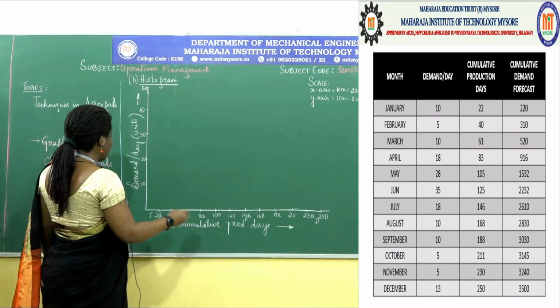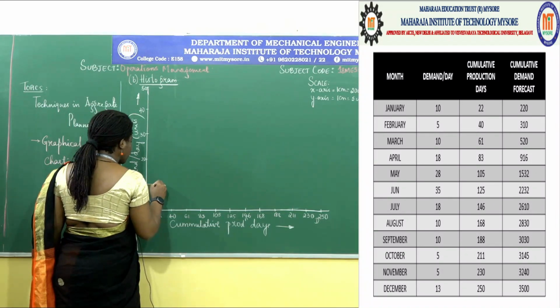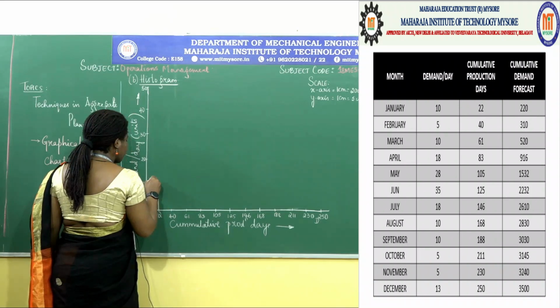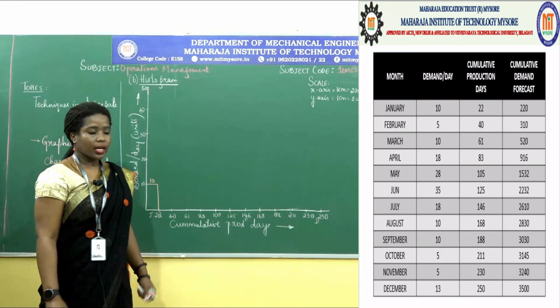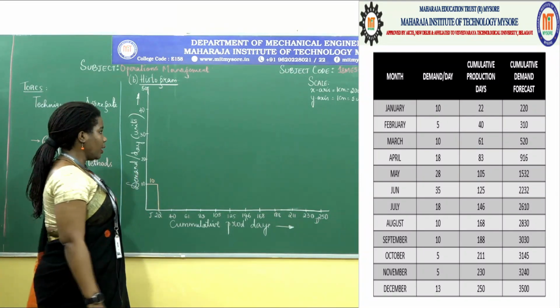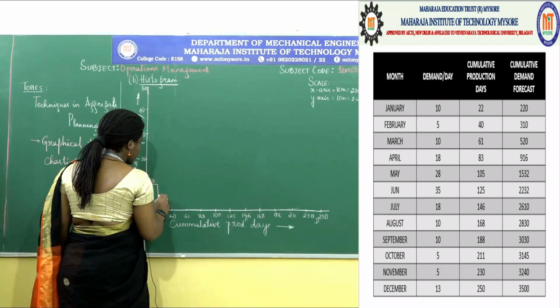So this we will plot as a histogram. Please note that the histogram is similar to a bar graph, and so the plotting is similar to that of a bar chart. So this is the demand of 10 units in the month of January. In a similar way, we will plot the demand for February, which is 5 units, and the number of days is 40.